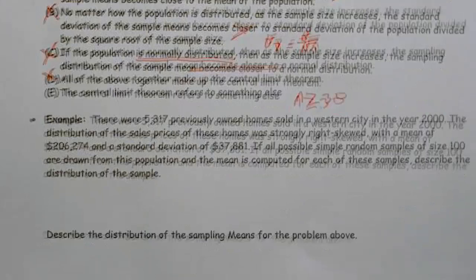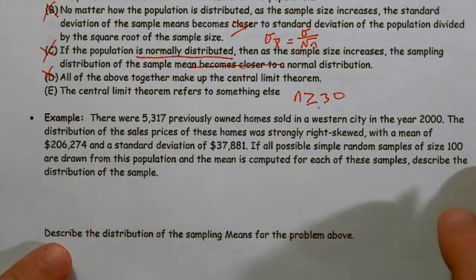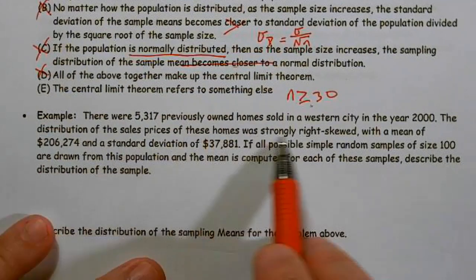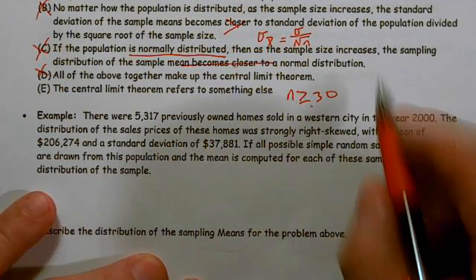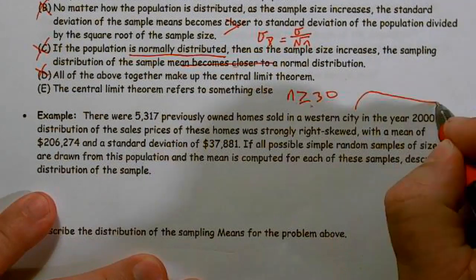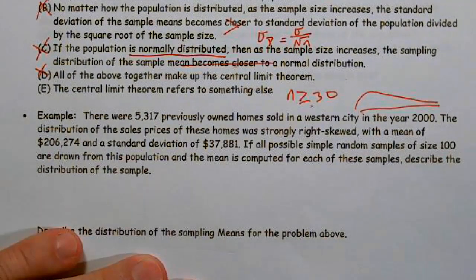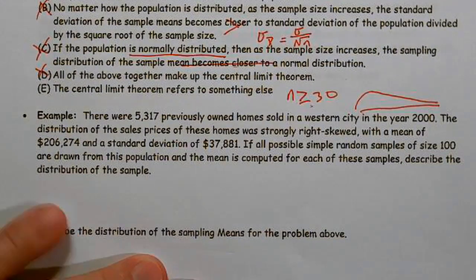So there were 5,317 owned homes in a Western city in the year 2000. The distribution of sales price of these homes was strongly skewed to the right, which means it was stretched out, pulled to the right, with a mean of 206,000 and a standard deviation of 37,881.